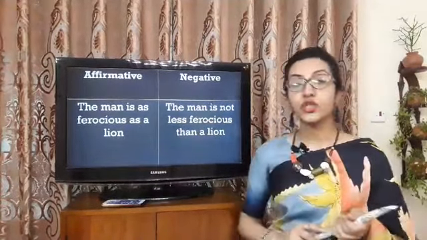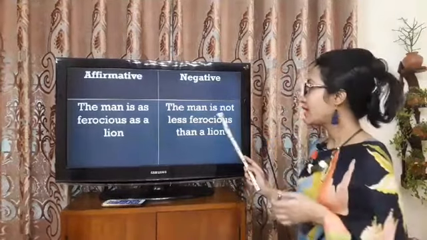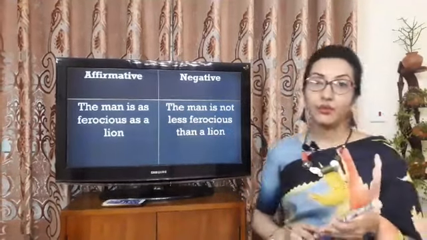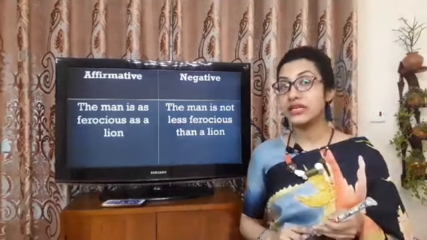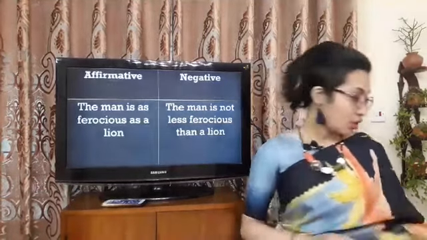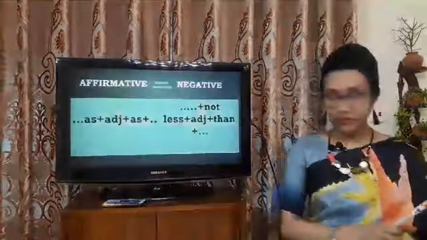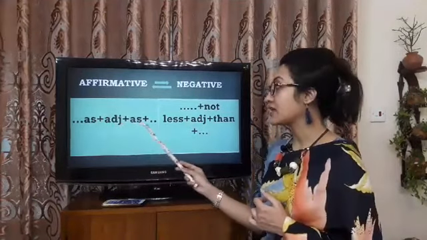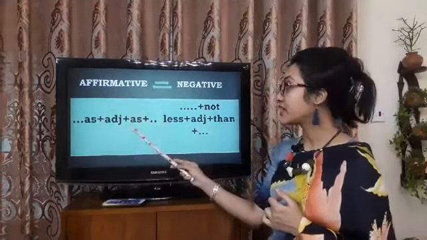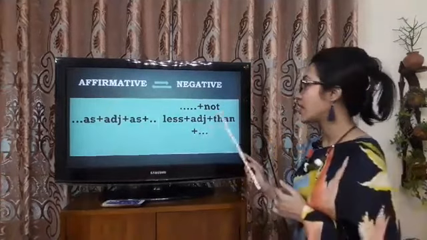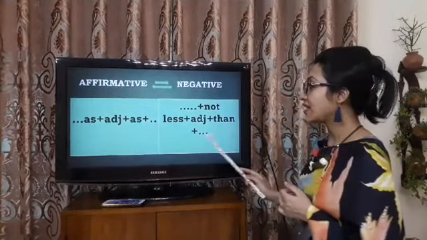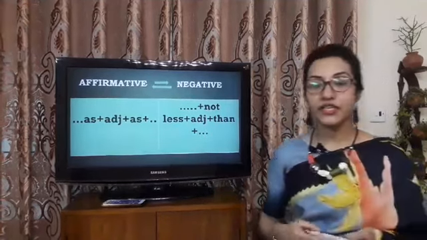So এক্ষেত্রে যখন আমি নেগেটিভ করেছি, দেখো আমি not less than ব্যবহার করেছি. So the rule is, if you have as plus adjective plus as in an affirmative sentence, then in the negative you are going to write not less plus adjective plus than and then the rest of the part.